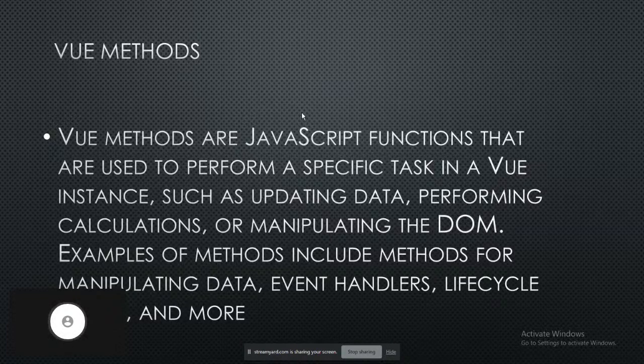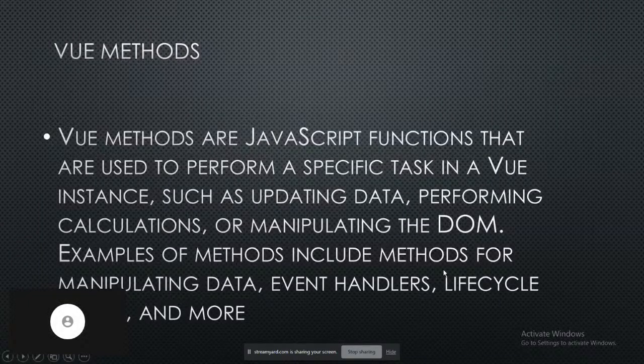And we'll see a couple of those functions as we go. I would literally take you to the documentation so you see how it works. But this is just what the job of the methods are. So it's for updating data, it's for performing calculations, it is for manipulating the DOM. Some examples of this include event handlers and lifecycle hooks and more.